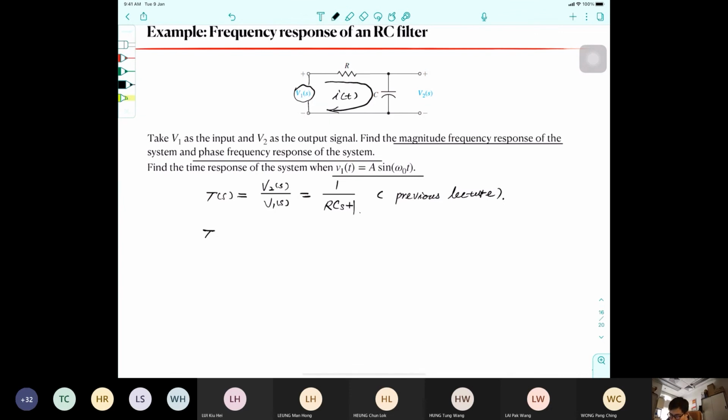Firstly, we get T(jω) equals 1 over RCjω plus 1, right?